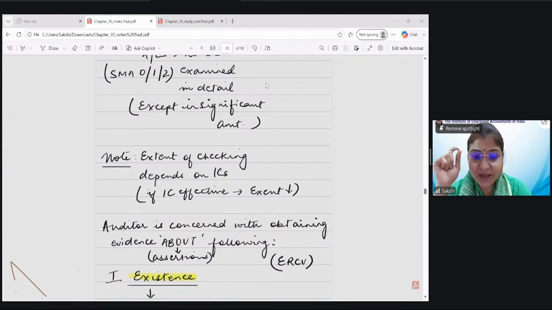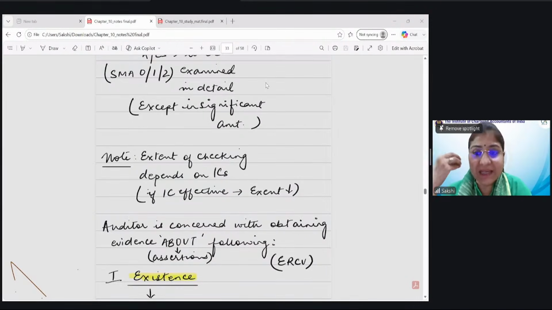Why have I written this in capital letters? Because there are two kinds of questions which can come in the exam. One is regarding what things the auditor should obtain evidence about. The other could be from where he can get the evidence. We will take up both from the material. Are you understanding my question? One is what are the things you require evidence for.